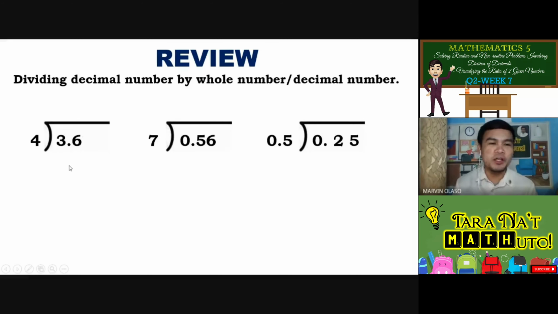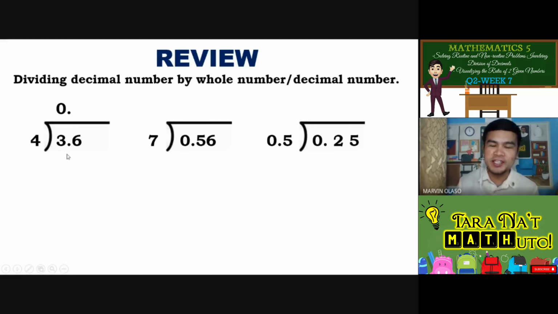Let's have the first one. 3 and 6 tenths divided by 4. So, since whole number na po ang divisor natin, so let's start dividing na. 3 divided by 4, mas mababa. So, we have the answer 0. Then, copy the decimal point. Then, continue by adding 6.